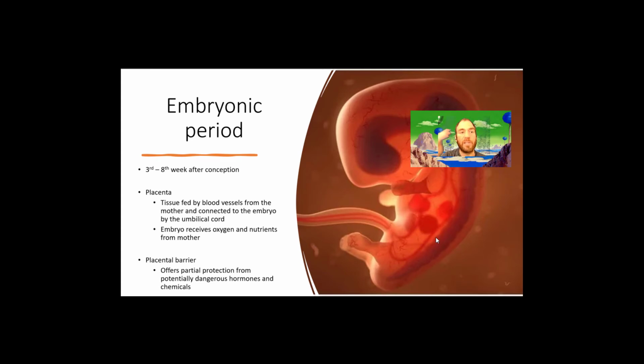So there's a biological barrier that tries to block those hormones, those chemicals, from reaching the fetus and damaging it developmentally. The placental barrier blocks some percentage of hormones, but it doesn't block everything. So the duration and the strength, the magnitude, of the hormones and chemicals impact the degree to which they can cross the placental barrier.